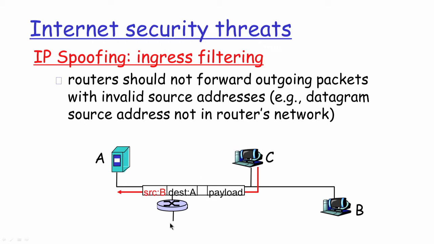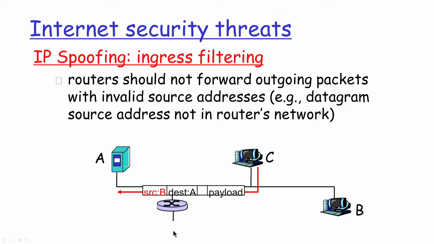So for example, if I am getting a packet from this particular interface, and the source IP address of the packet is the address of B, right, and let us say that B is somewhere here and there is no connectivity of B with this particular router at all, right.